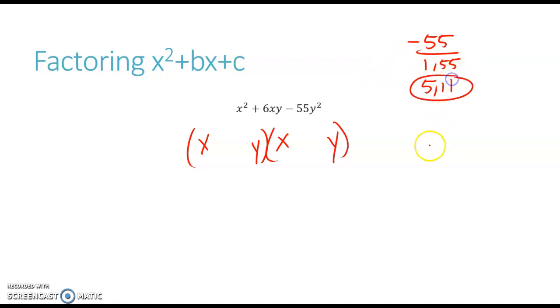So I know it has to be 5 and 11. I know one has to be positive and one has to be negative. Because it's a positive 6, that means the bigger number has to be positive. So I'm going to have x plus 11y times x minus 5y. And again, you can flip-flop it because multiplication is commutative.